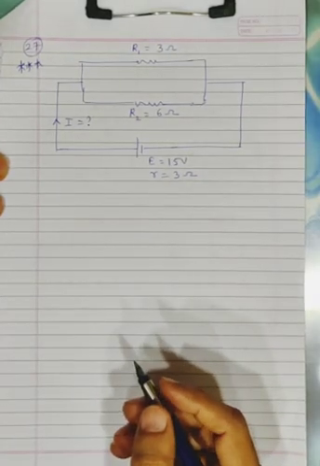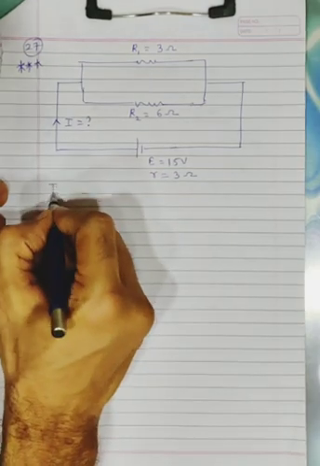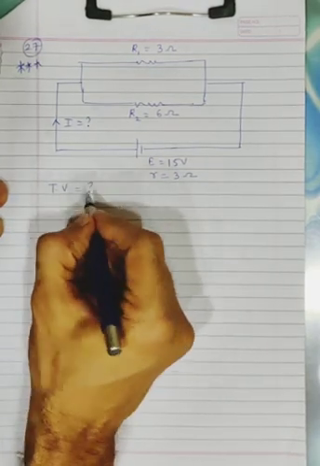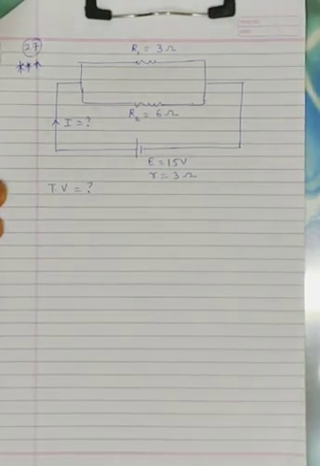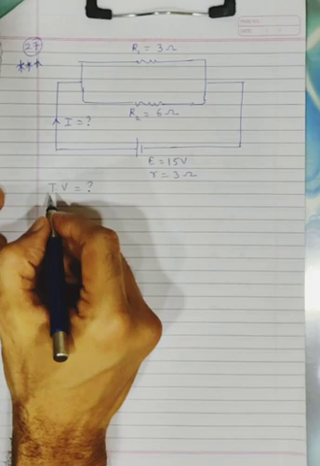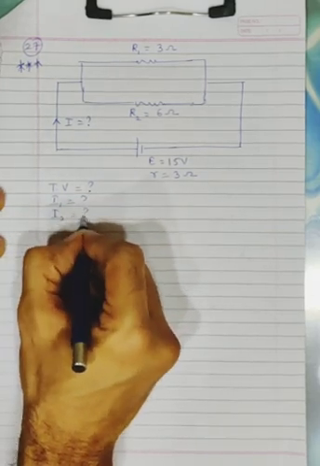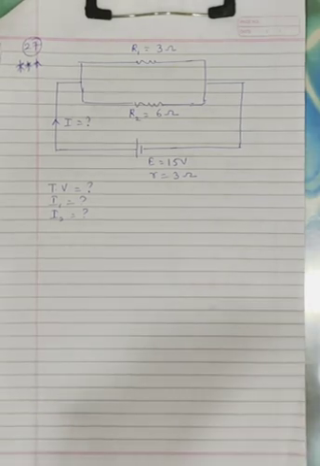Second, you are asked to find the PD between the terminals of the battery, the terminal voltage. And also the current in the 3 ohm and the current in the 6 ohm. So I1 is a question mark and I2 is also a question mark.